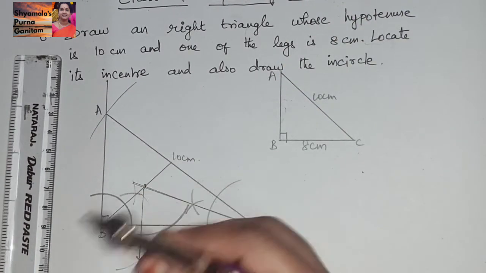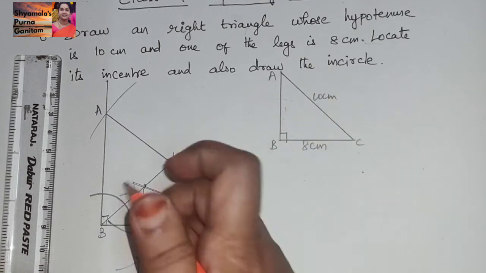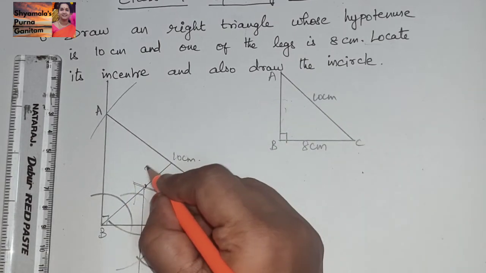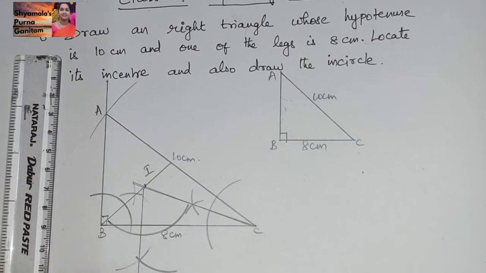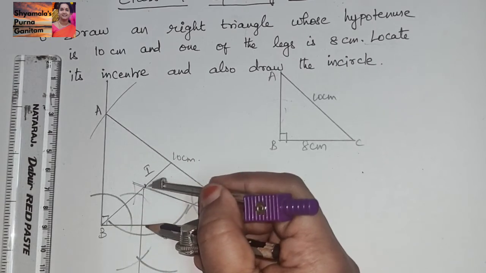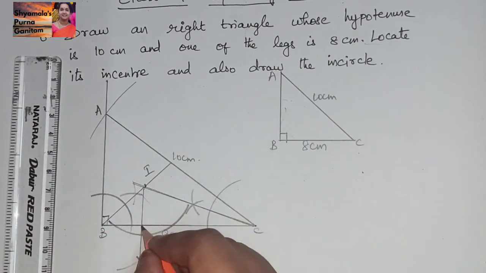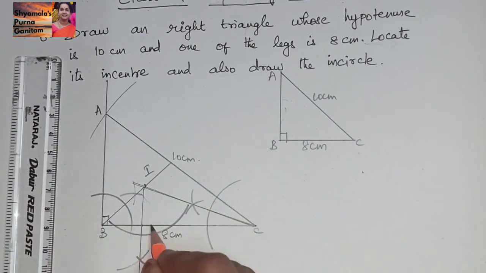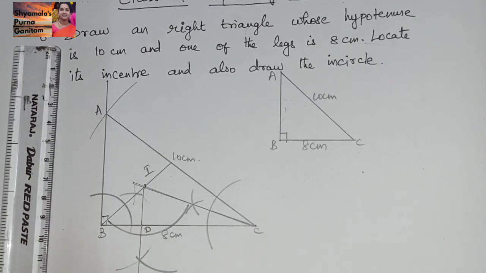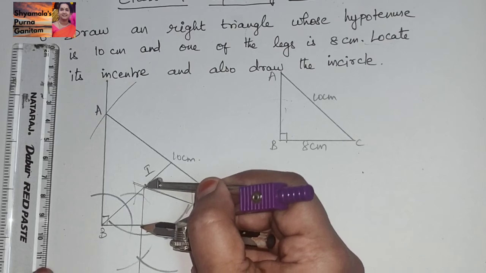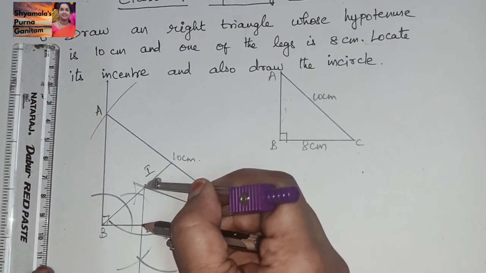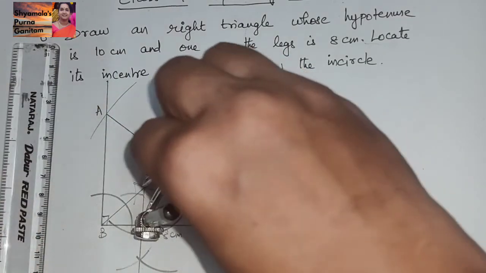Then this point is the incenter, so we'll mark it as I. So this perpendicular, where it meets BC, we'll mark as D. So with ID as radius, we'll draw a circle such that the circle will be inside this triangle.